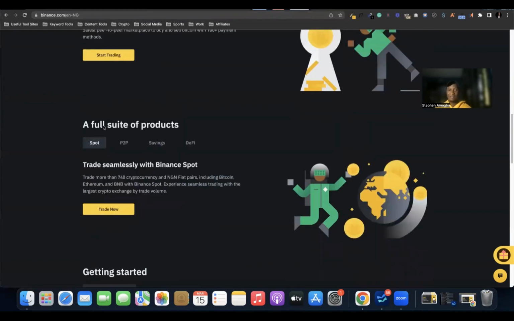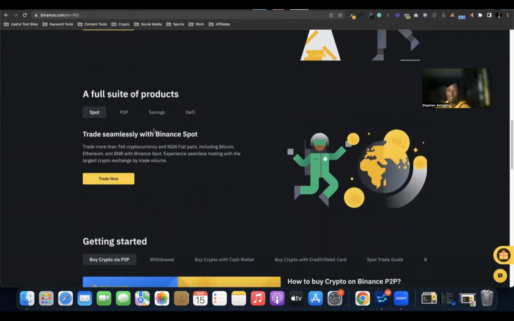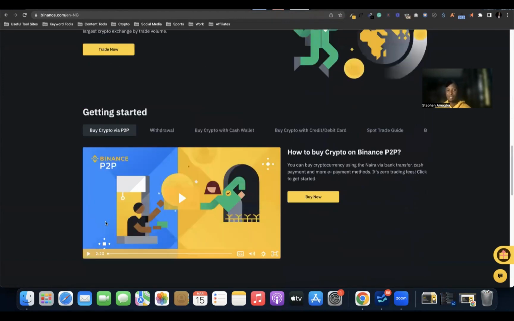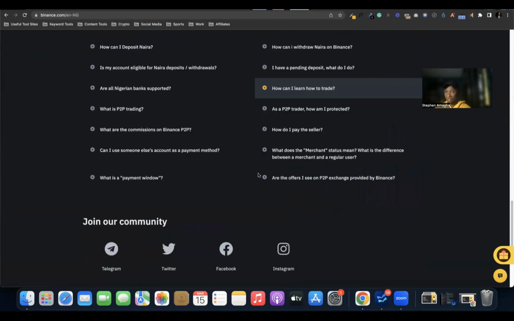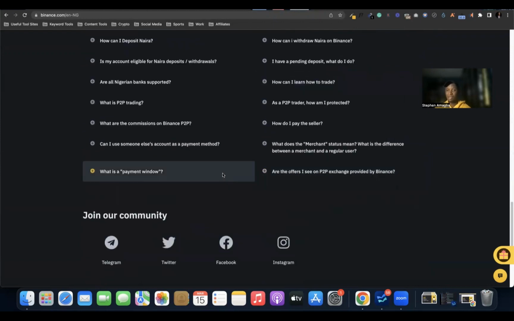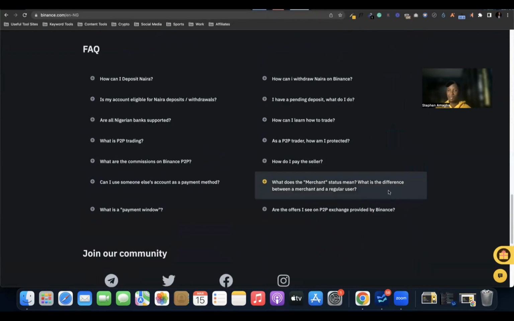We also have a suite of services, all of which we're going to talk about in later modules of this course, like Binance P2P and Binance Pay. We're going to treat all those in more detail. We also have the educational tab, where you learn one or two things about the crypto ecosystem, and some FAQs where you can learn more about the Binance ecosystem from the most frequently asked questions.